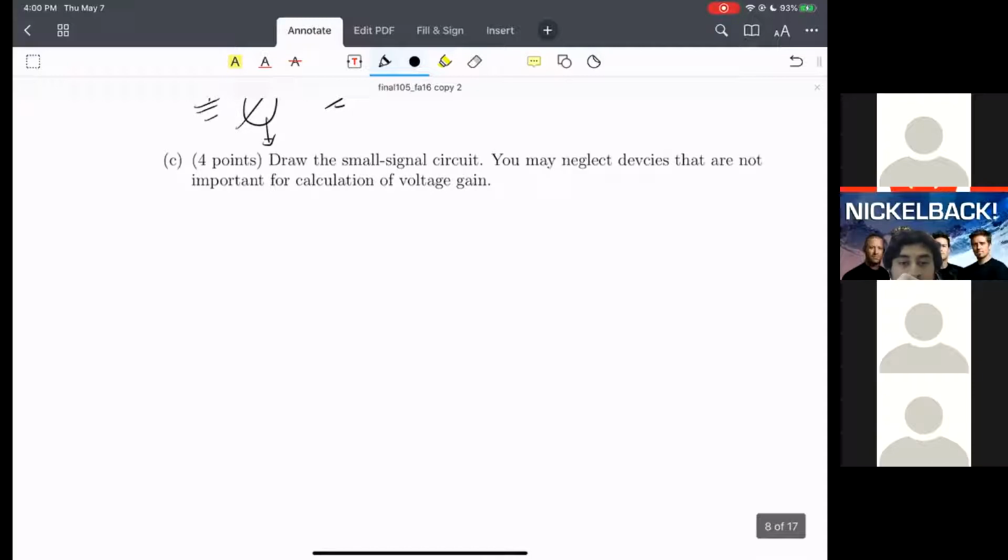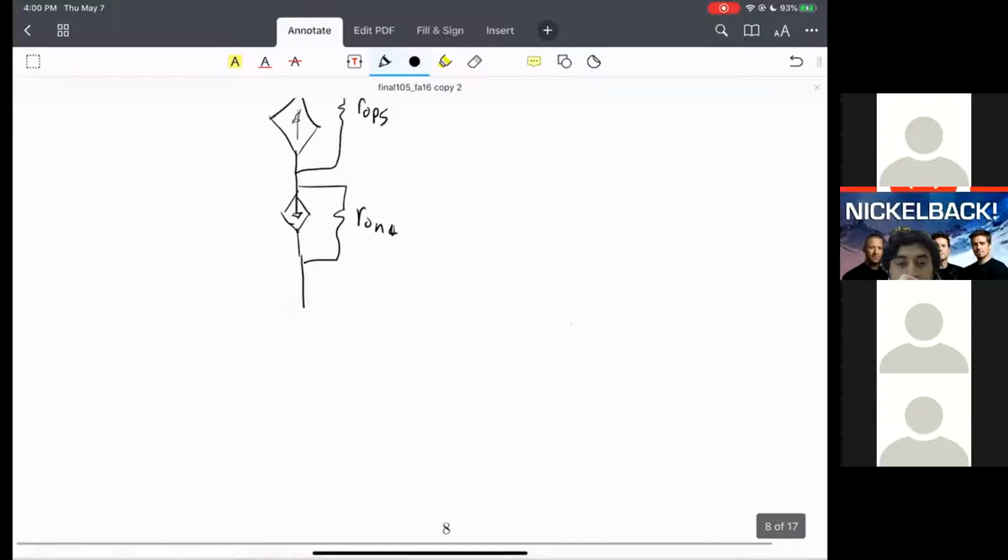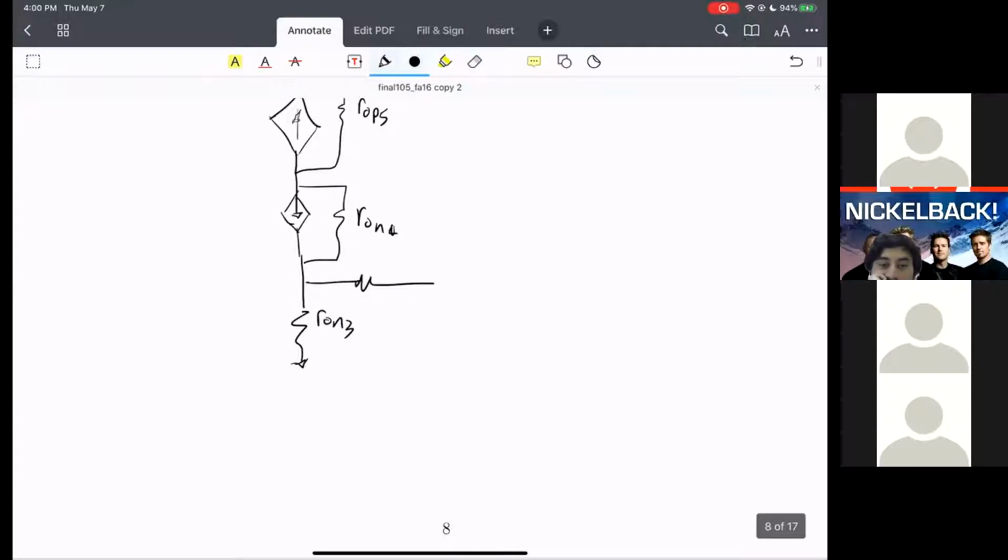Now when we draw the small signal model, we replace this. One note to make about this capacitor, treat it as short.